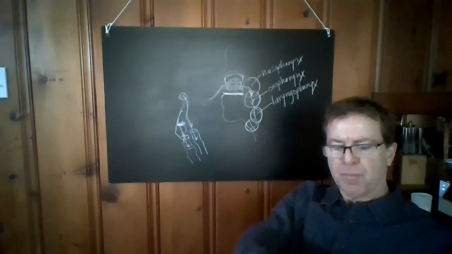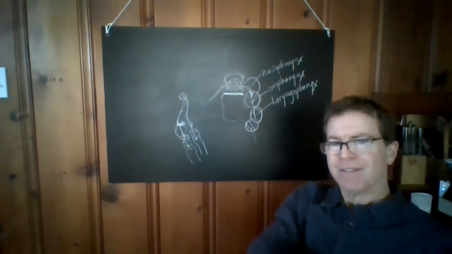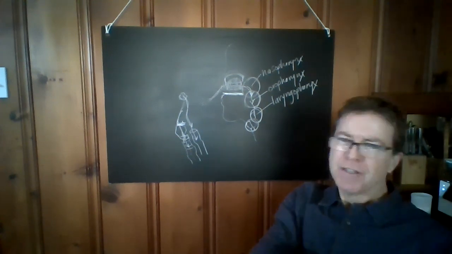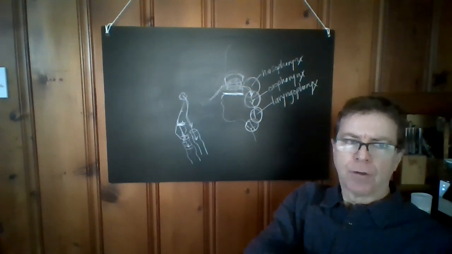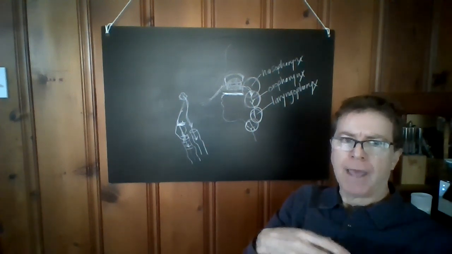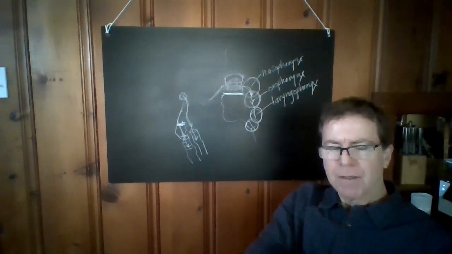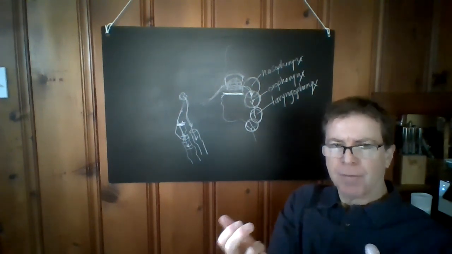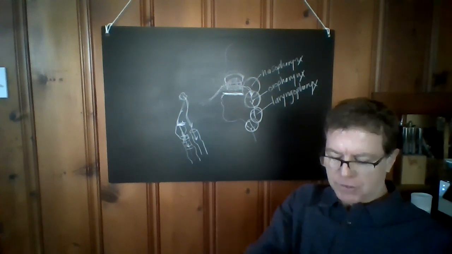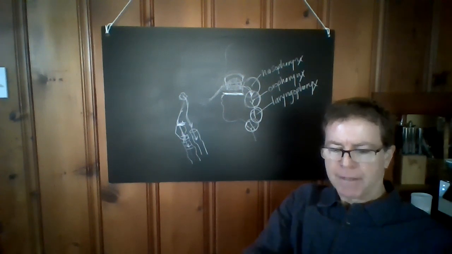Then the next cartilages come in pairs. There's two arytenoid cartilages, and those control the vocal cords and the vocal folds. There's two corniculate cartilages. They actually sit right on top of the arytenoids. And finally, two cuneiform cartilages. Those are at the base of the epiglottis.